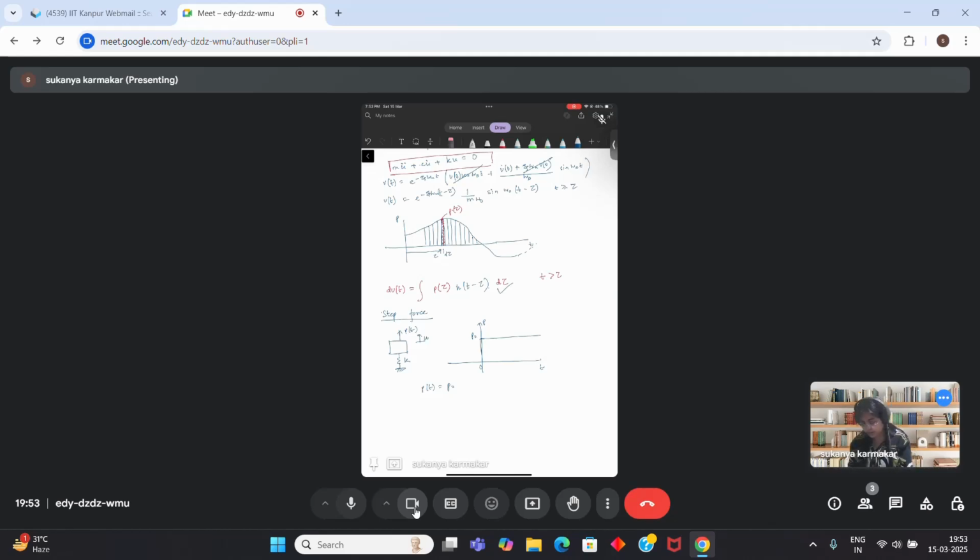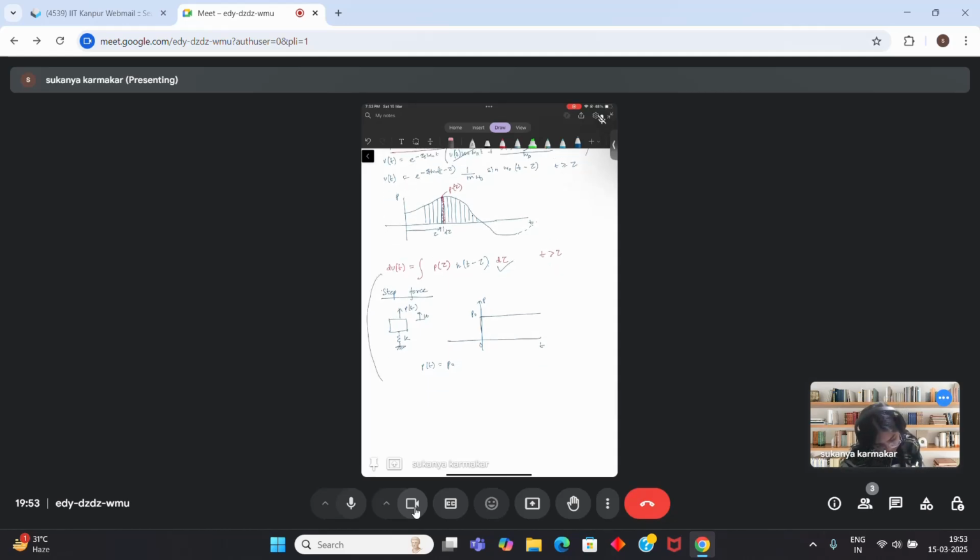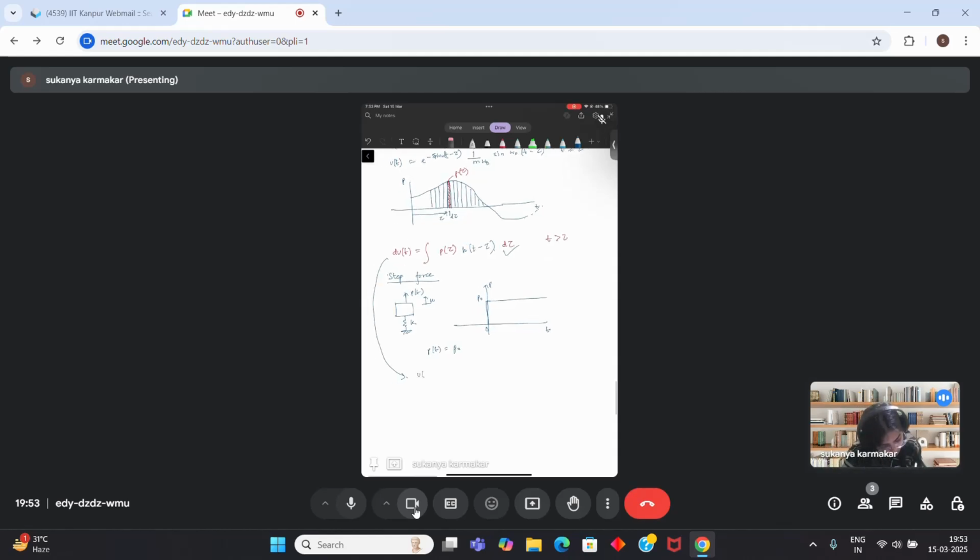So u of t will be equal to, what is the value of p as a function of time?